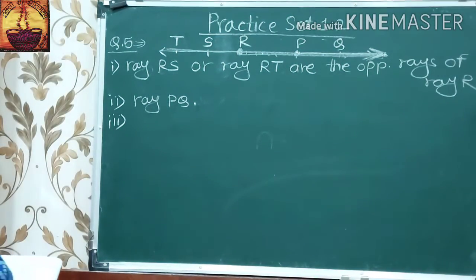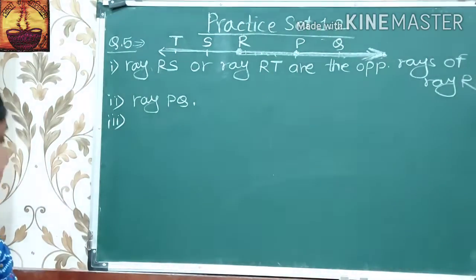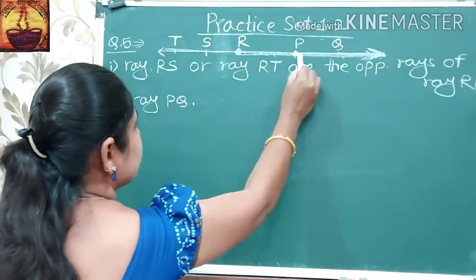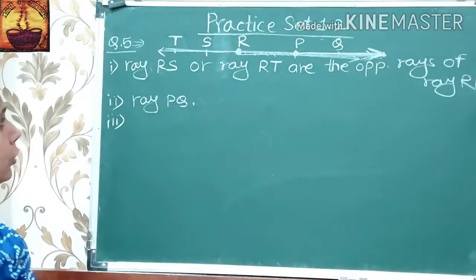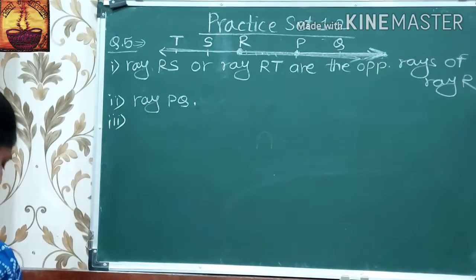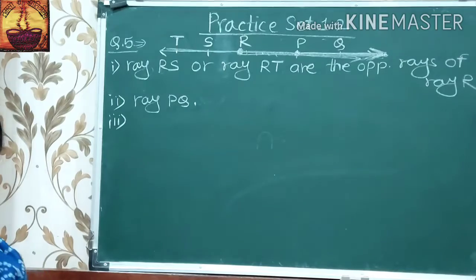Then third question is, write the union set of ray PQ and ray QR.